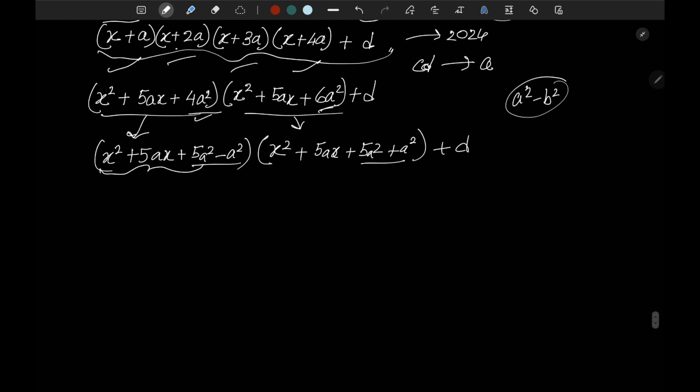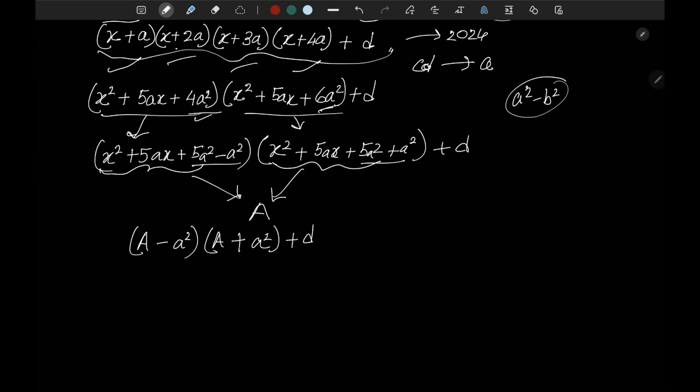Like the previous one, let's take x² + 5ax + 5a² as capital A. Why? Because this is common in both the parentheses. So you essentially have (A − a²)(A + a²), with small a squared, and then you have d.